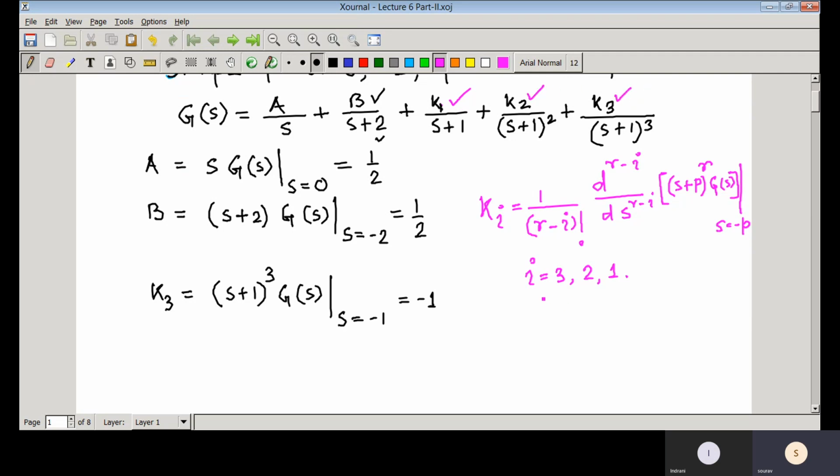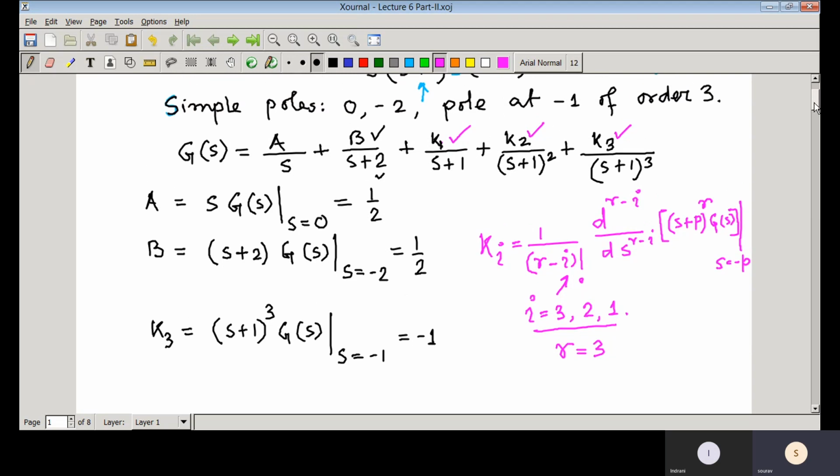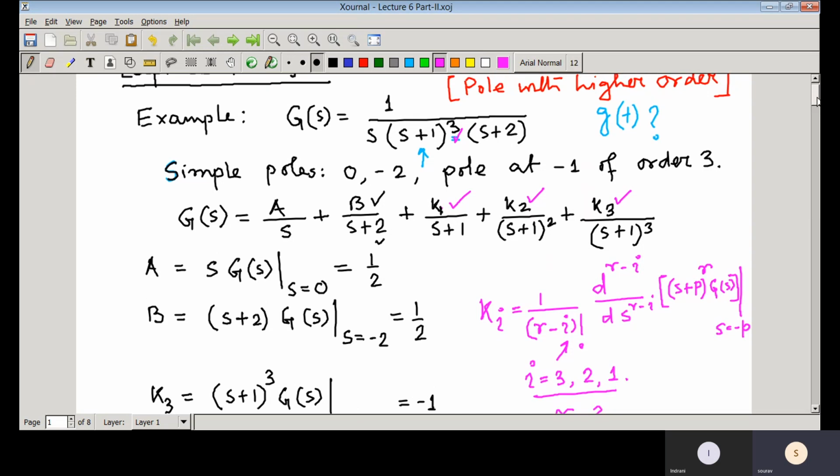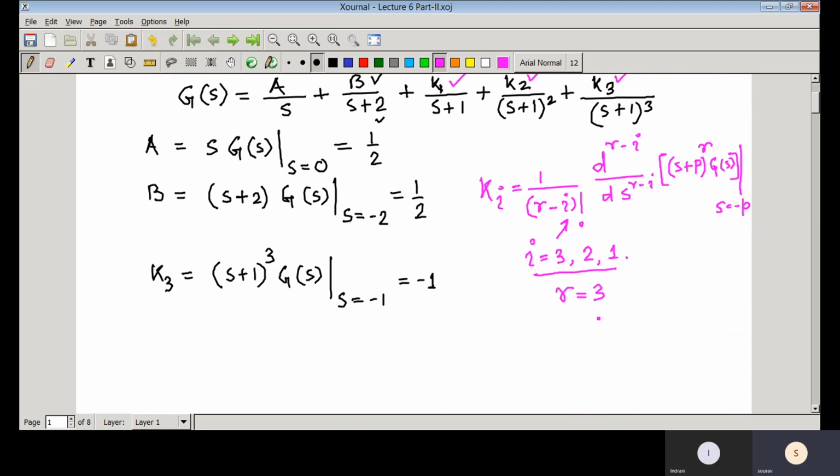So that's why this i equal to 3, 2, 1. Now if you replace i equal to 3 here, in your case R is equal to 3, because the order is 3 here. So R is actually the order.